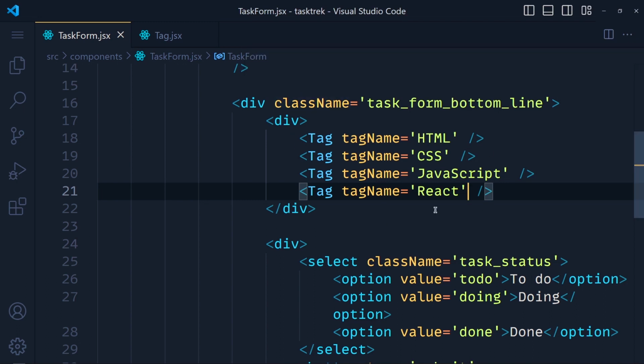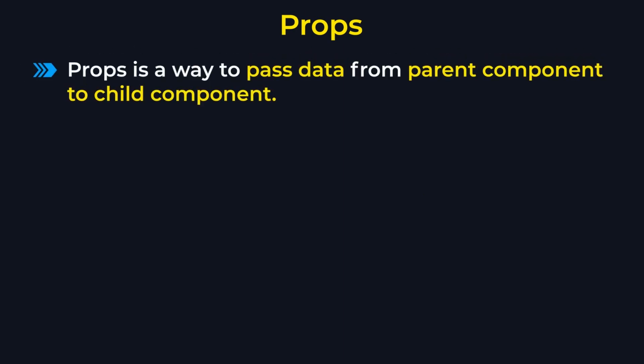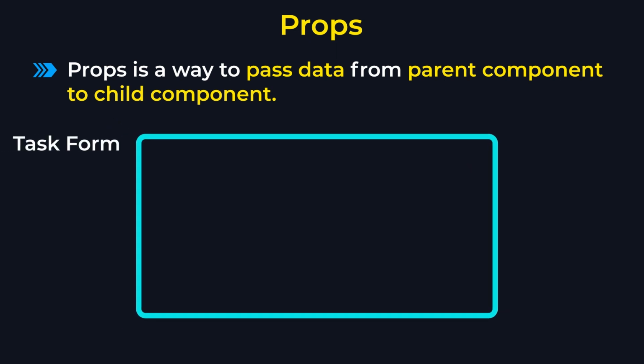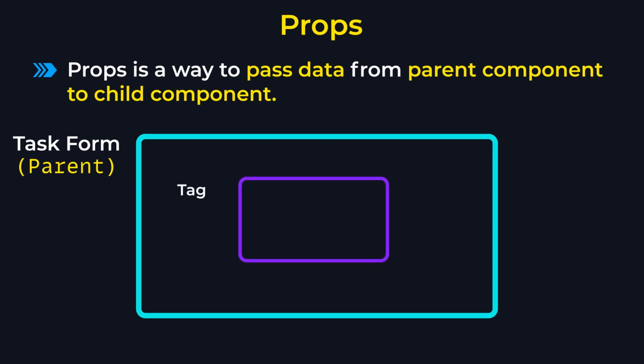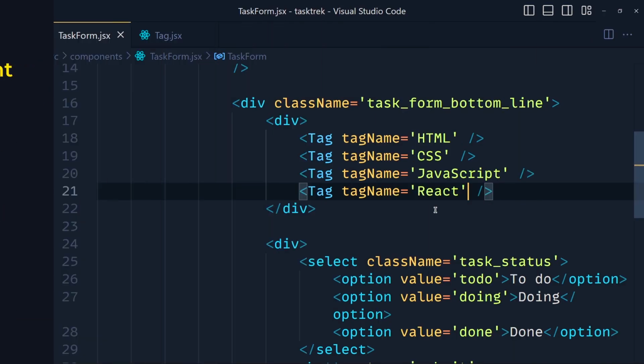So let's quickly recap all about props. So props is a way to pass data from a parent component to a child component. In our case, TaskForm is our parent component, and Tag, which is inside this parent component, we call the child component. And we want to pass data from the TaskForm component to the Tag component.